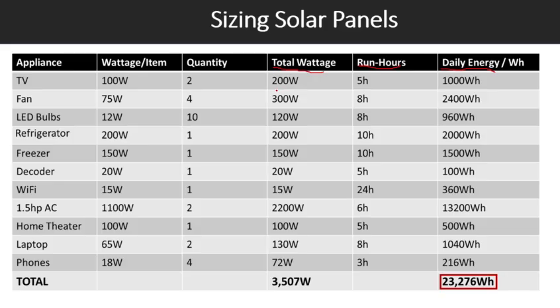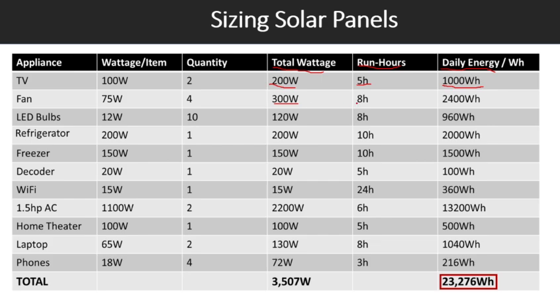For this example, we have a television of 200 watts running for 5 hours. This H means hour. So when you multiply 200 times 5 hours, it gives us 1000 watt hours. And for the fans, their rated power is 300 watts.